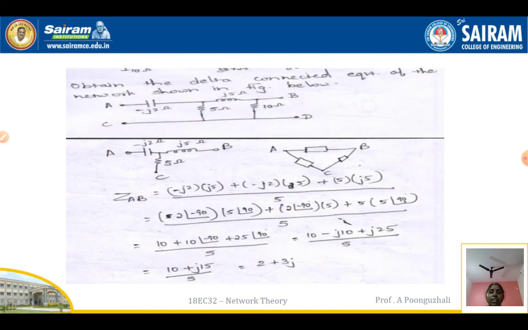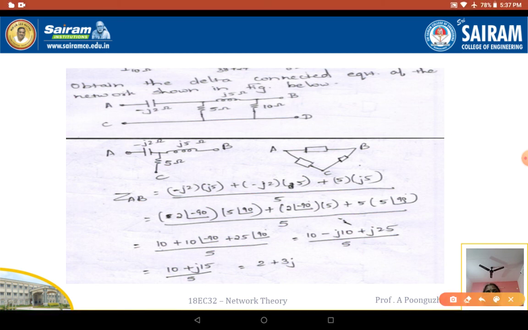Next is: obtain the delta connected equivalent of the network. So I want to find the delta connected equivalent. First I am going to create the star network and convert it to delta. Here in this case, we are going to take AC sources. Whenever I take AC sources and want to multiply, Z1 is equivalent to R1 phase angle theta 1, and Z2 is equivalent to R2 phase angle theta 2.